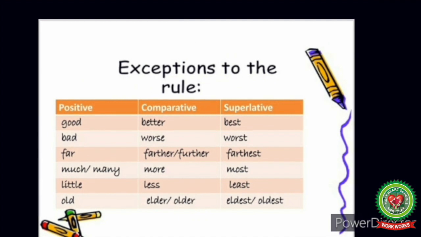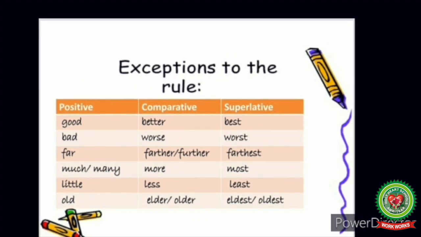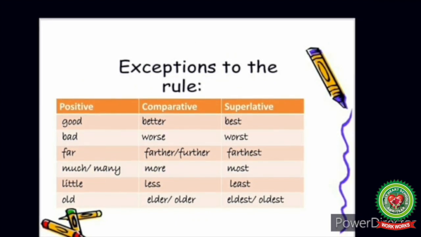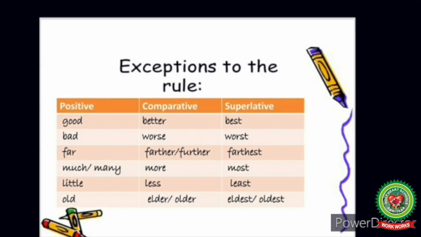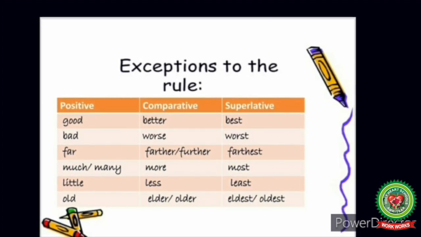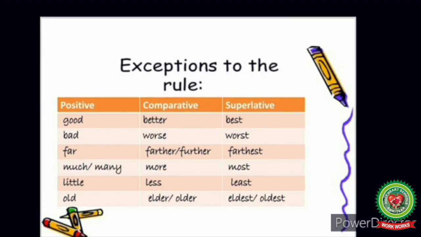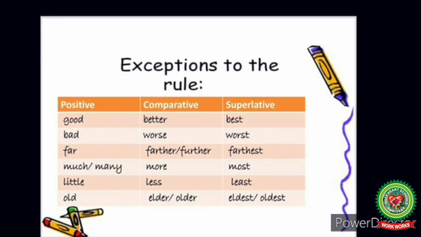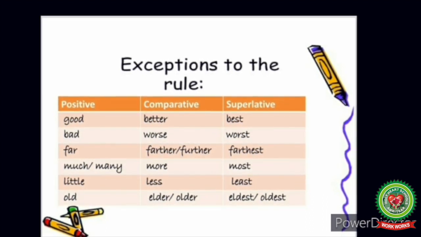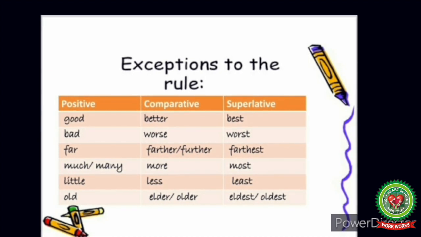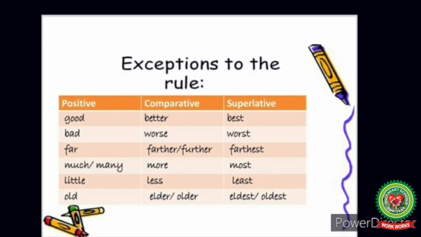Now students, for the words like good, bad, far, much, many, little, old, we do not add ER or EST and more or most in their comparative or superlative degrees. We simply change the whole word.